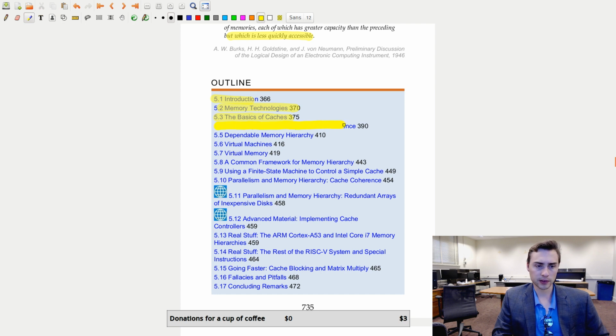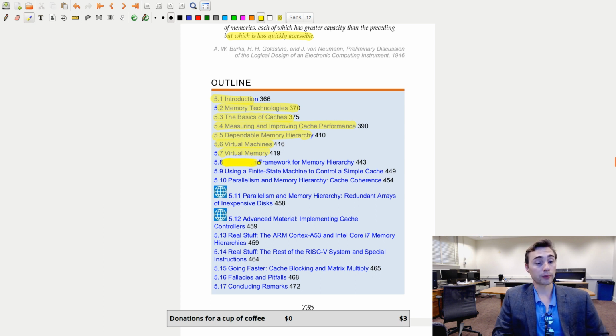Just because we have a cache doesn't mean we can't make a cache better. We'll see things like associativity and how that can affect our performance. Then we have the dependable memory hierarchy, so probably a brief section on some fault tolerance. Then we'll talk about virtual machines and virtual memory. Virtual memory is a very important concept.